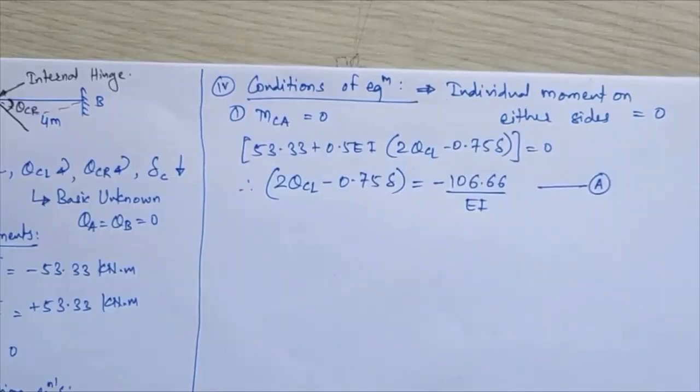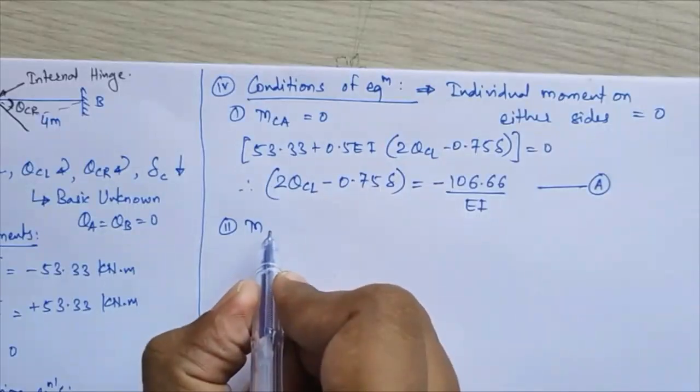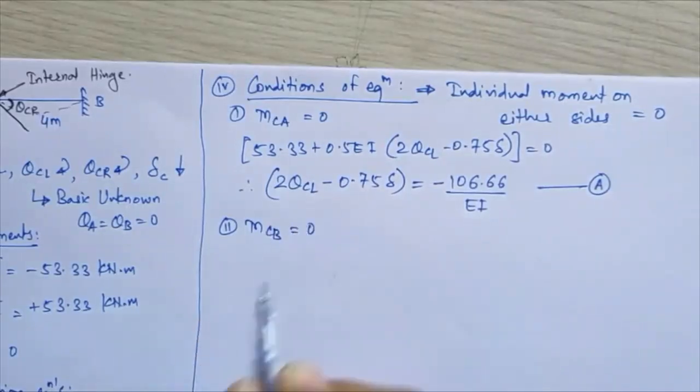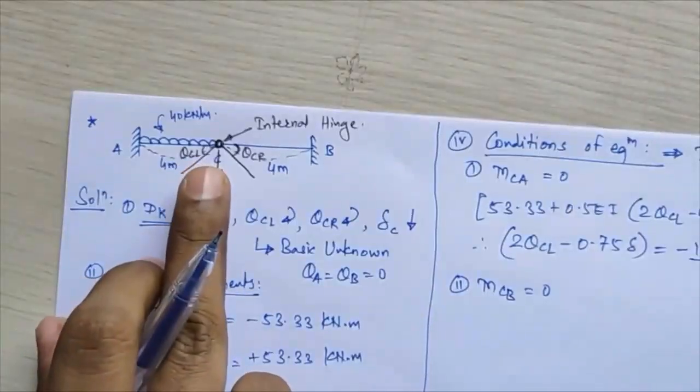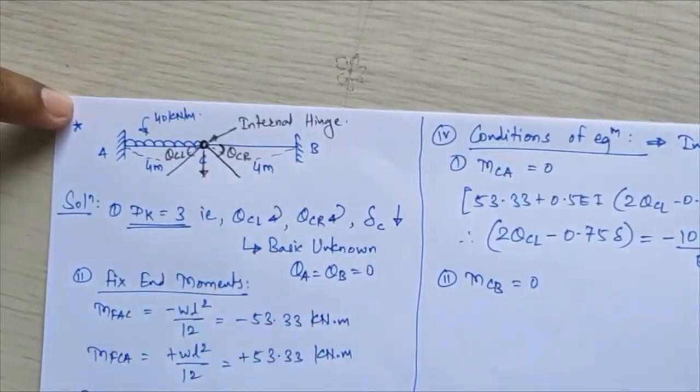Okay. Next, the second condition will occur at the second individual moment, that is MCB will be equal to 0 now. We have taken the first individual moment MCA equal to 0. This will be my second individual moment MCB again equal to 0 over there.